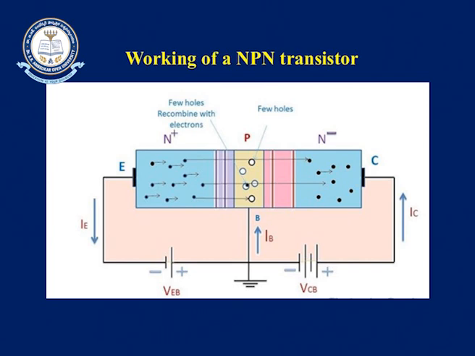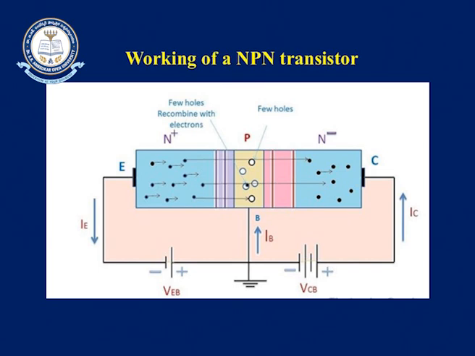Whenever recombination takes place, one electron is generated at the minus terminal of VEB. Here the VEB power supply has minus and plus terminals, so from the minus terminal an electron is generated and moves towards N plus. This is the working of an NPN transistor.